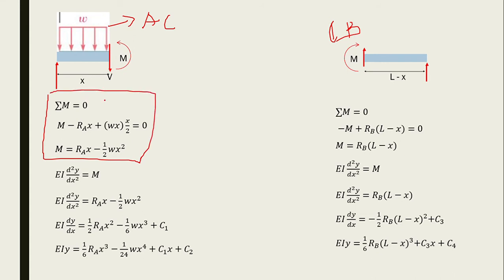This is the internal moment that we will get. Sigma M equal to 0, so minus R_A x and omega x squared.